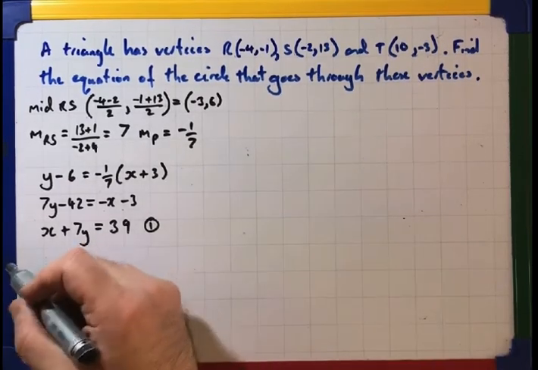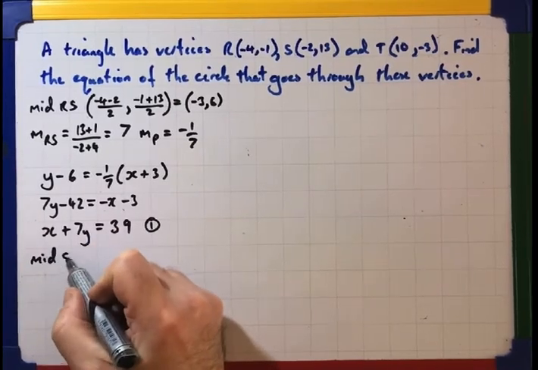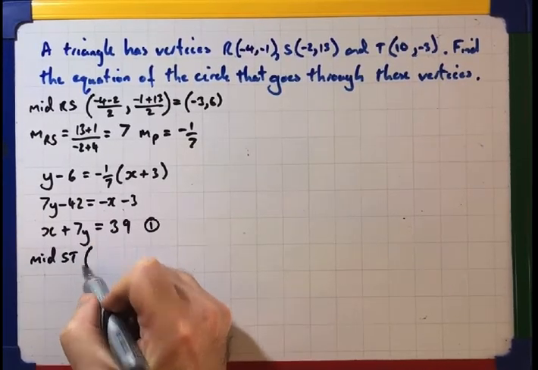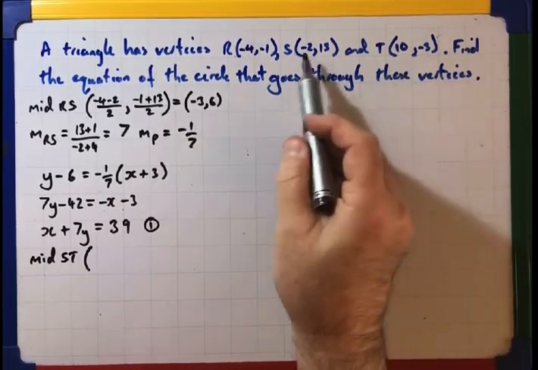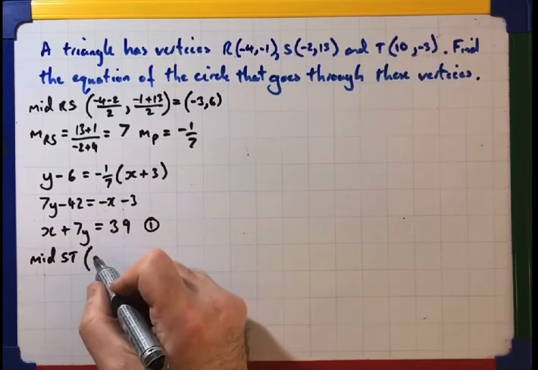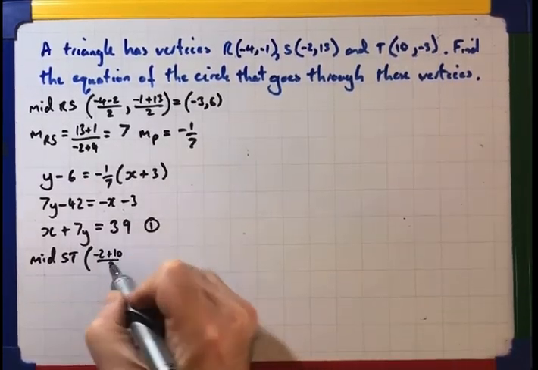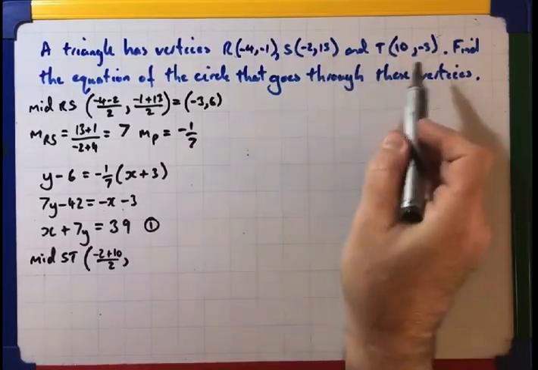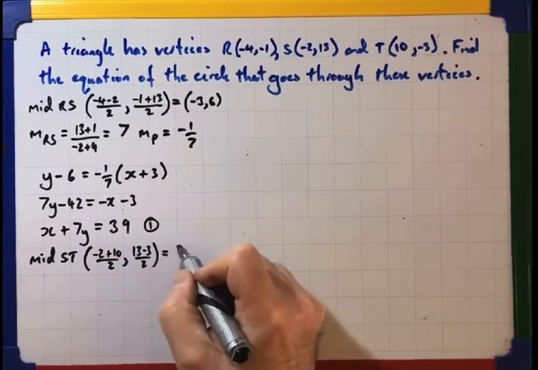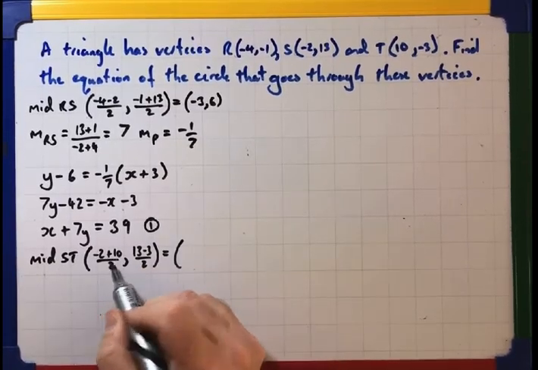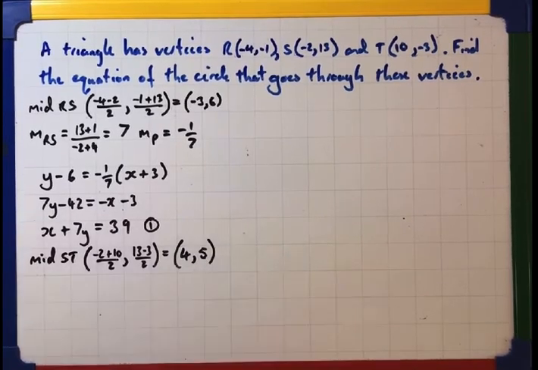Okay, next one I'm going to do ST. So the midpoint of ST is going to be minus 2 plus 10 over 2, 13 minus 3 over 2. If you work that out, it's going to give you 8 over 2 is 4, 10 over 2 is 5. So we've got 4, 5.